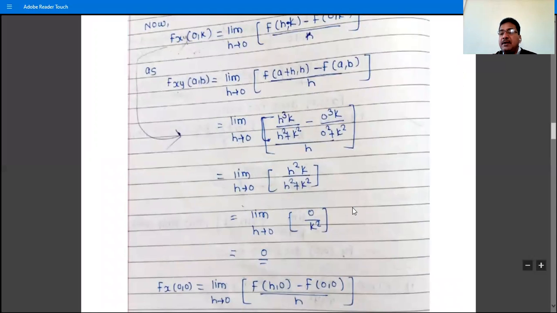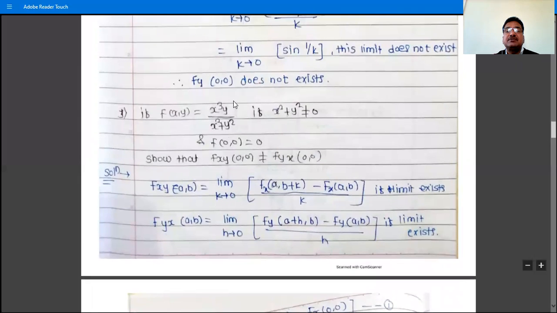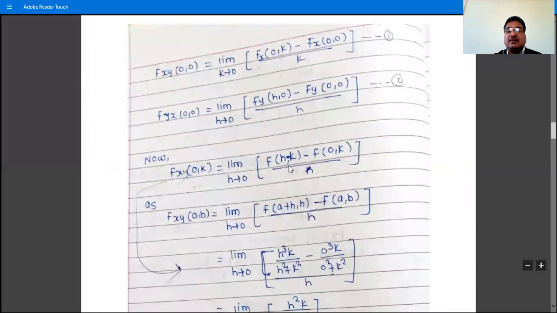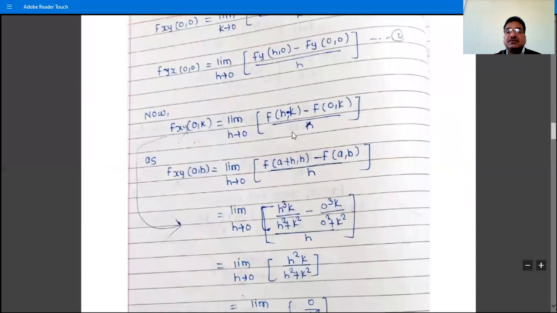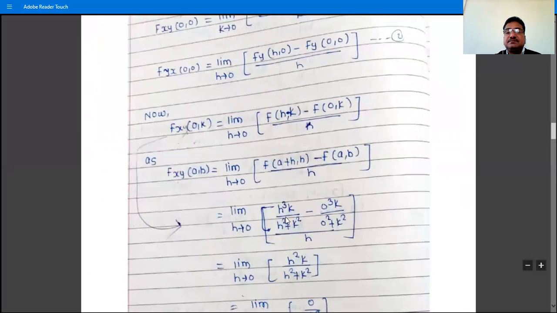Then it is equal to the limit as h tends to 0 of f(h,k). Use the definition, substituting x as h and y as k. Minus f(0,k).